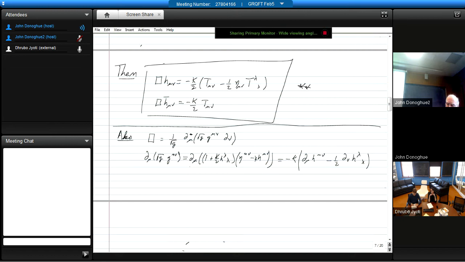So the derivatives acting on the g factors here give 0 in this gauge. So then our covariant box, the derivative basically just passes through the g's, the square root of g's cancel. The covariant box is just g mu nu, d mu, d nu in harmonic gauge.